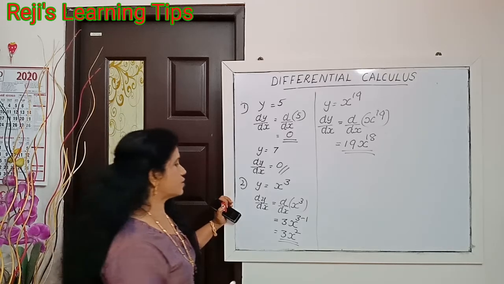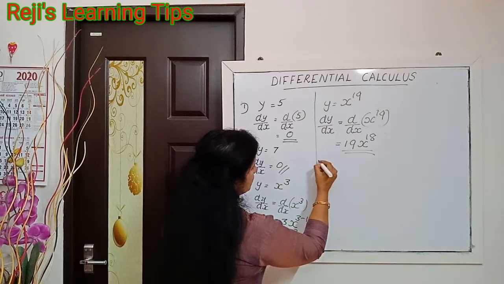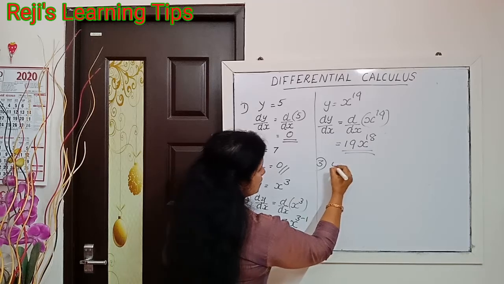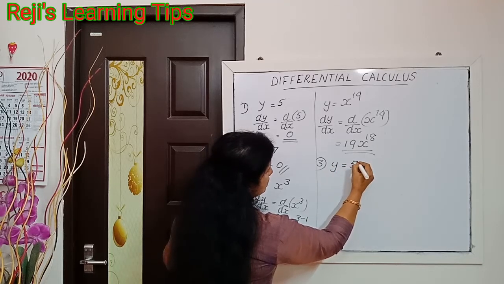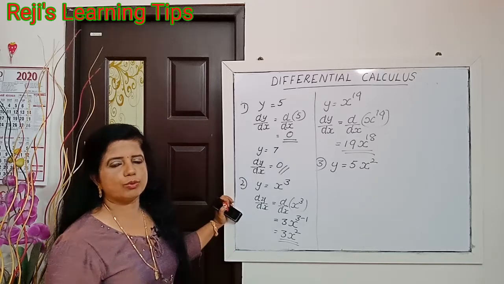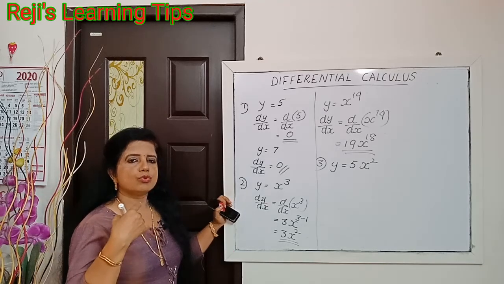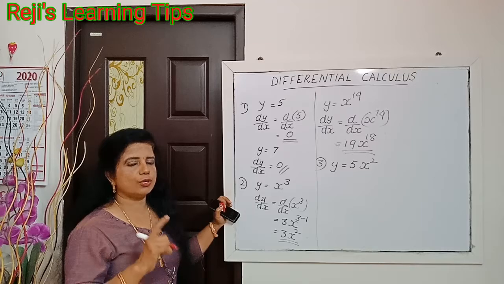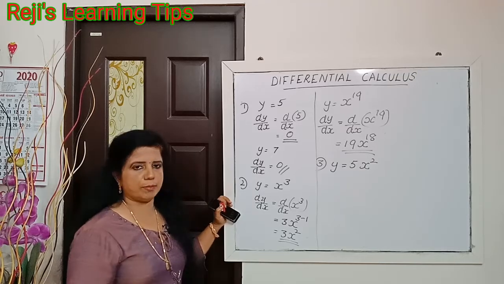Okay. The next one, third type, y is equal to 5x square. y is equal to c into u, a constant into a variable.